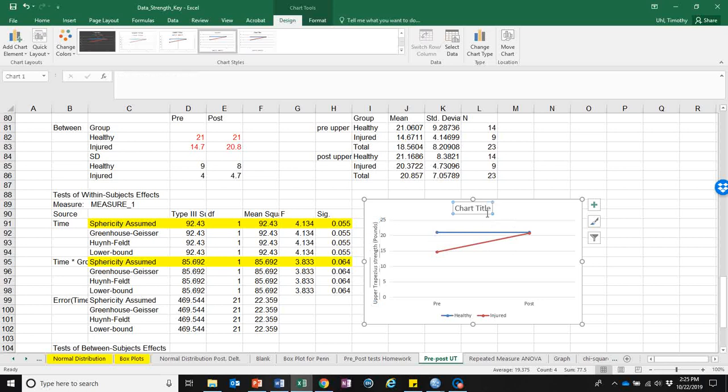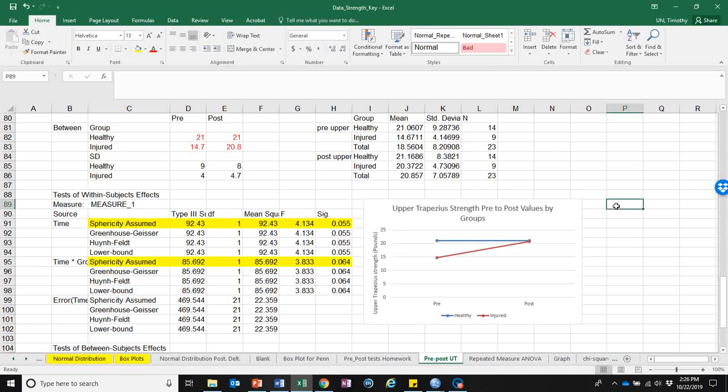I don't have a title, but this would be my upper trapezius strength pre to post values by groups. And I might be more detailed, but that's certainly generic and explains what's going on with that.